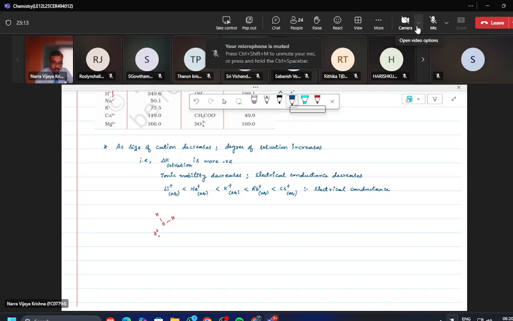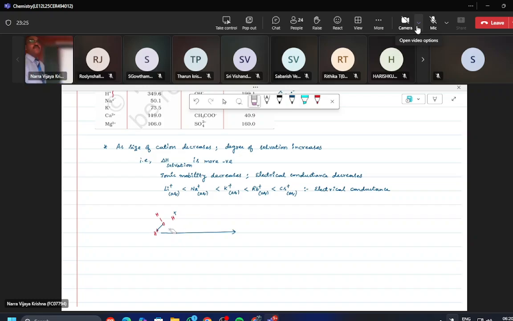Reason? H plus is surrounded by water like this. Actually, H plus will not move towards the cathode. What does this H plus do? It will form a bond here, break this bond and form H plus. What happened? H plus has migrated automatically, or not?